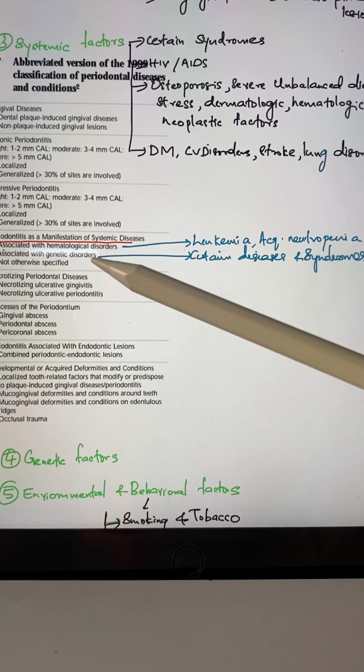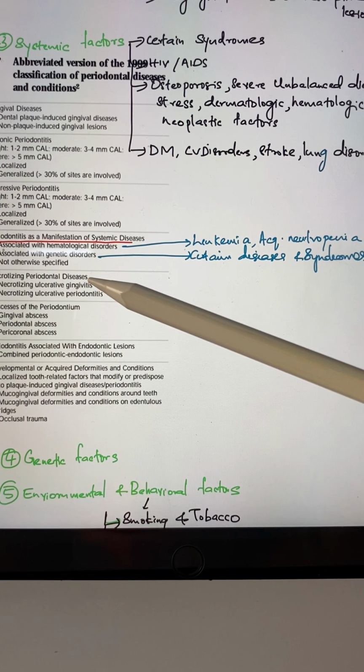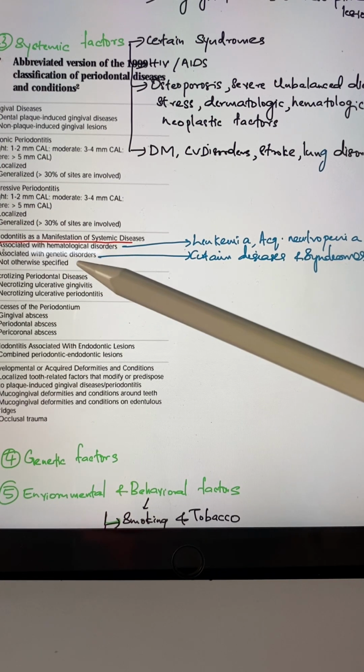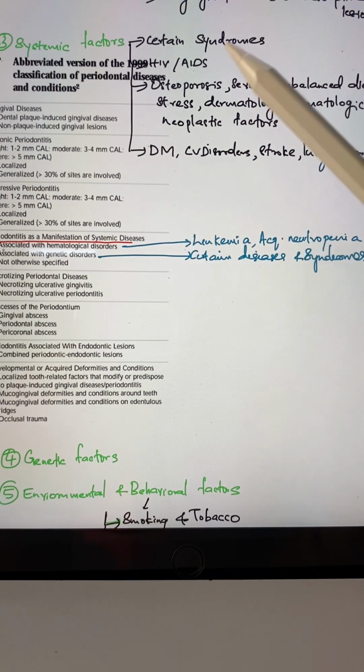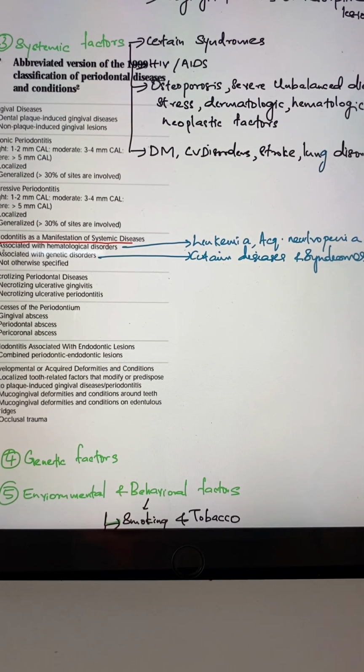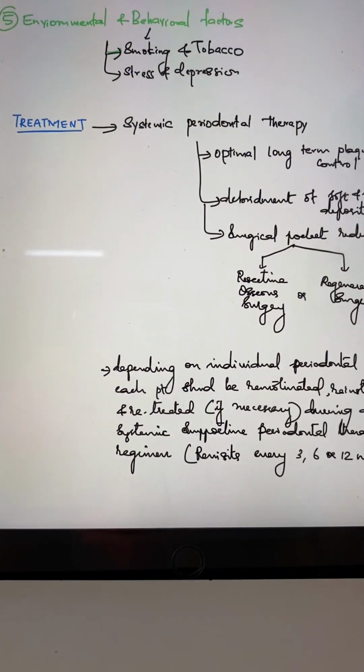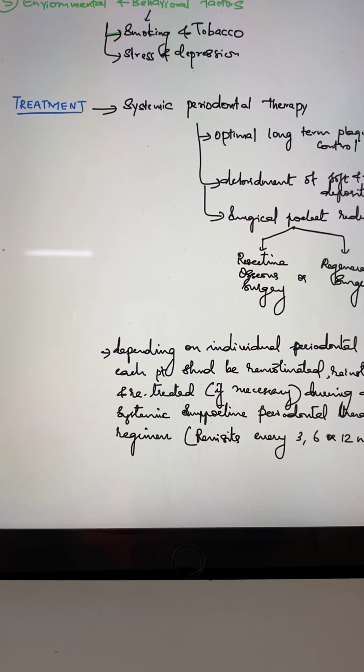Then associated with genetic disorder like certain diseases and syndromes, and other unspecified reasons. Then genetic factors, then environmental and behavior factors like smoking and tobacco, stress and depression are there.